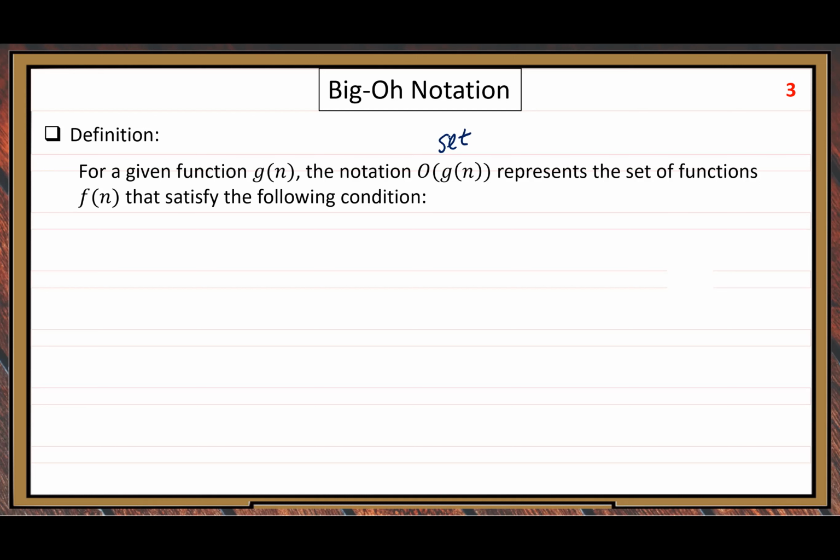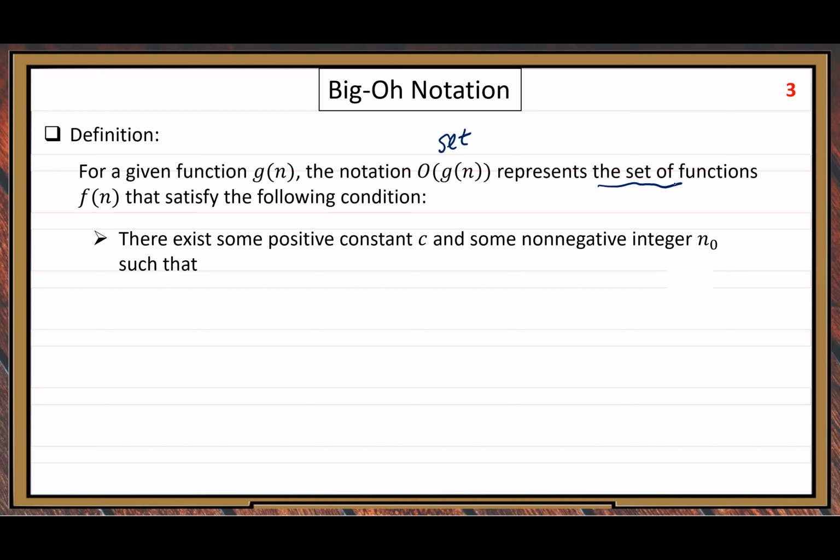The big O of g of n is a set of functions f of n that satisfy the following condition: there exist some positive constant c and some non-negative integer n0 such that the inequality f of n less than or equal to c times g of n holds for all n greater or equal to n0.